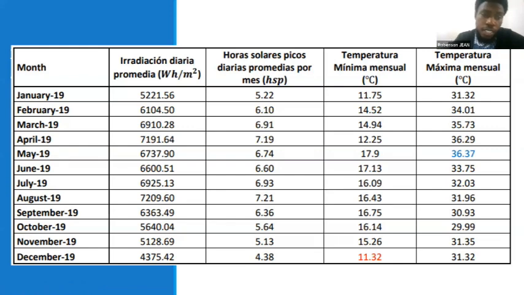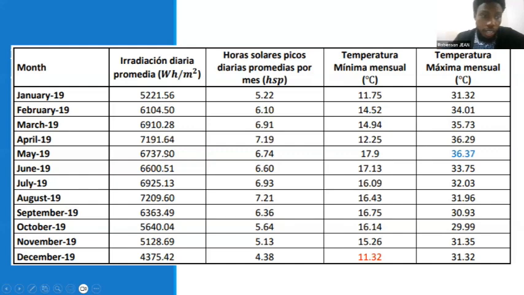At this place, we can see that in May of 2019 we had around 6,000 watt-hours per square meter as irradiation.